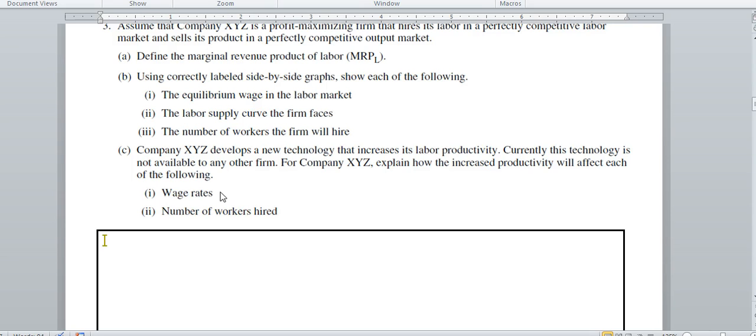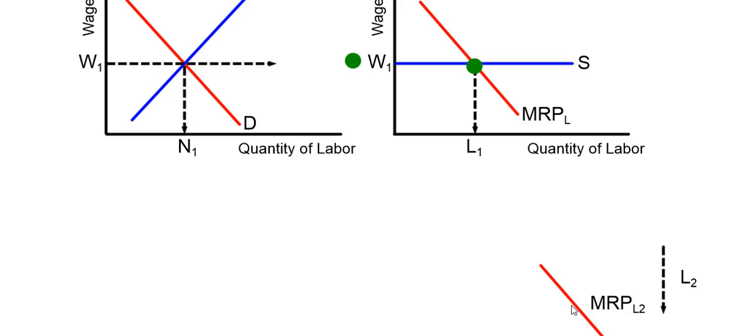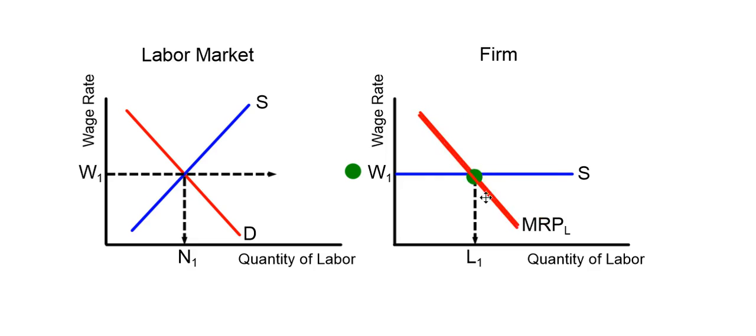Well, first of all, because only this firm has this new technology, the wage rates in the market are not going to change at all. The wage rates are set here in the market, but the firm is going to be able to shift its labor demand curve, or its marginal revenue product, out to the right, because each of the workers is going to become more productive.